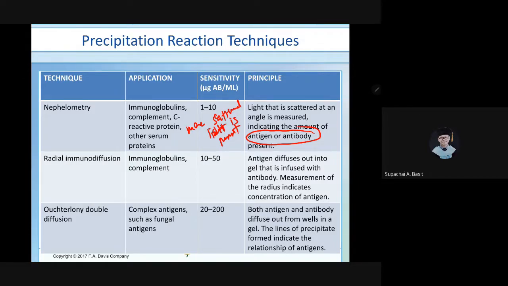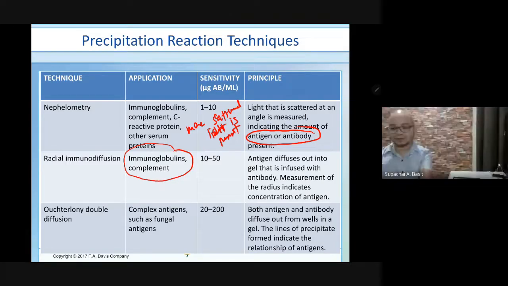Okay. So let's talk about radial immunodiffusion. Radial immunodiffusion is used for measuring immunoglobulins and complement. The sensitivity is between 10 to 50 microgram antibody per ml. So the principle is that antigen diffuses out into a gel that is infused with antibody.